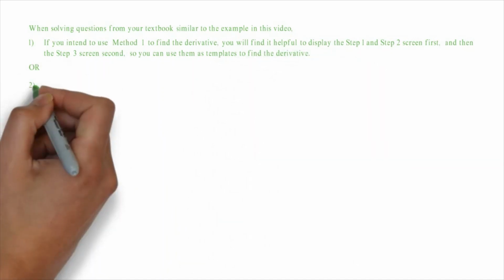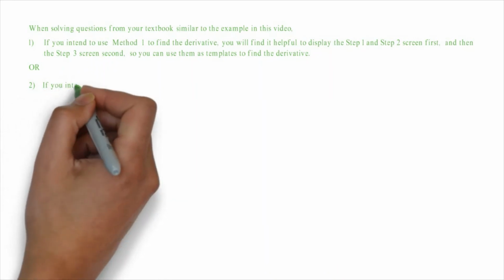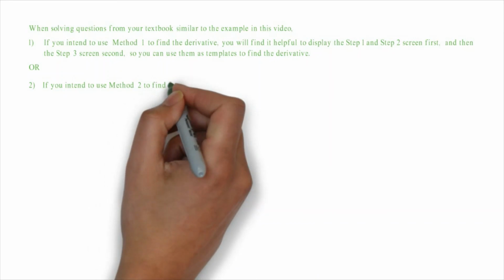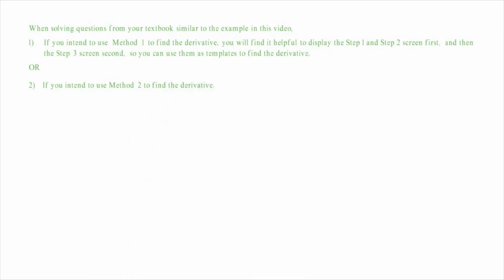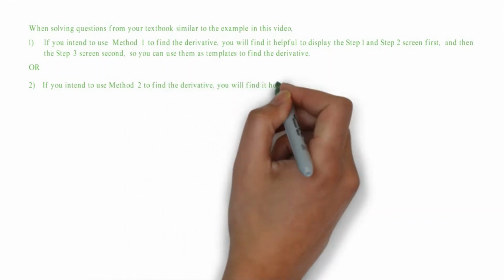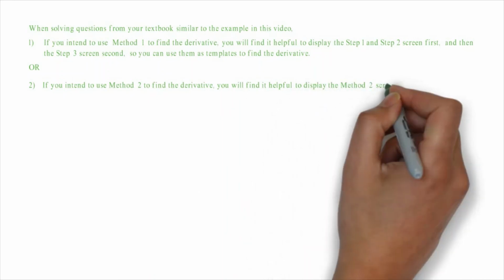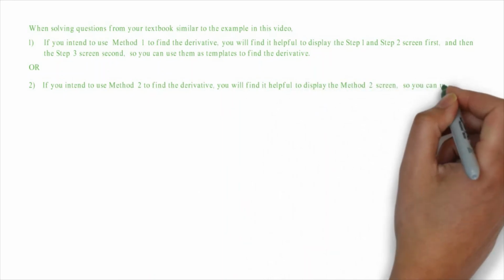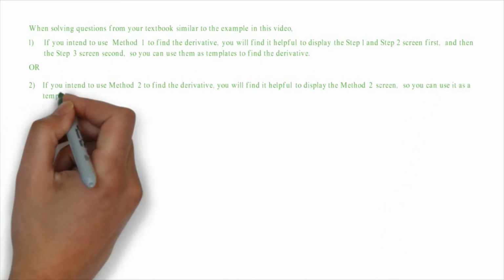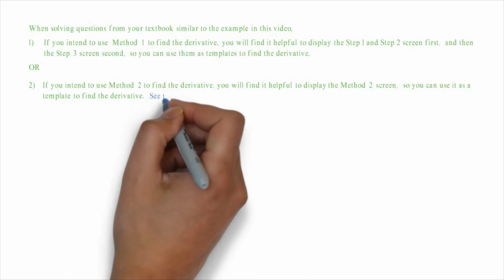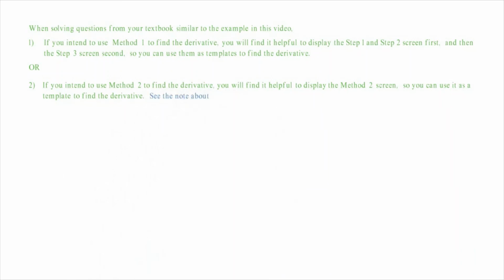Or 2. If you intend to use method 2 to find the derivative, you will find it helpful to display the method 2 screen, so you can use it as a template to find the derivative. See the note about method 2 in Reminder 2.